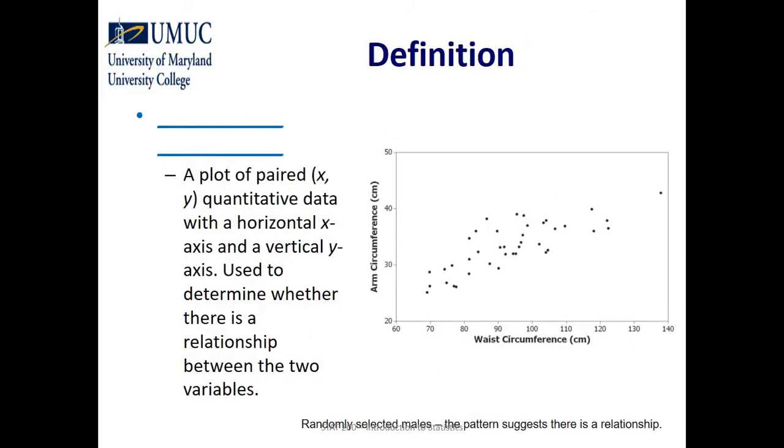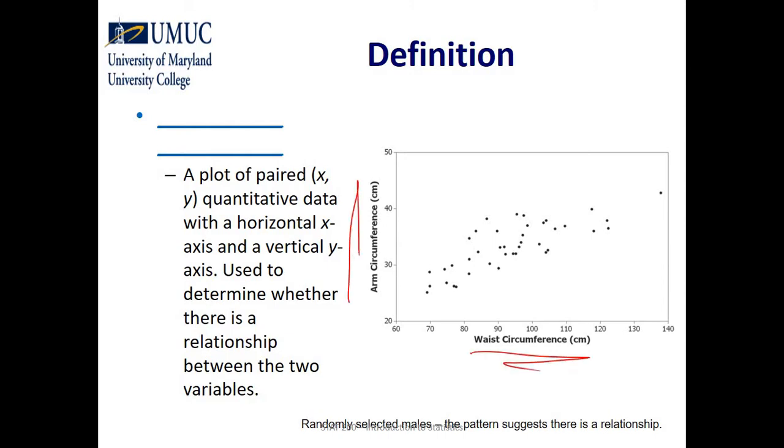So the first graph is a plot of paired data. We have XY quantitative data with a horizontal x-axis and a vertical y-axis. This type of graph is usually used to determine whether there's some kind of correlation, some kind of relationship between the two variables. So this is waist circumference and arm circumference.